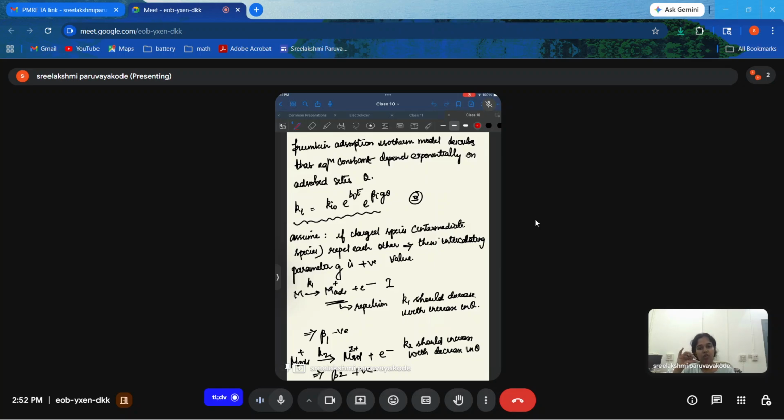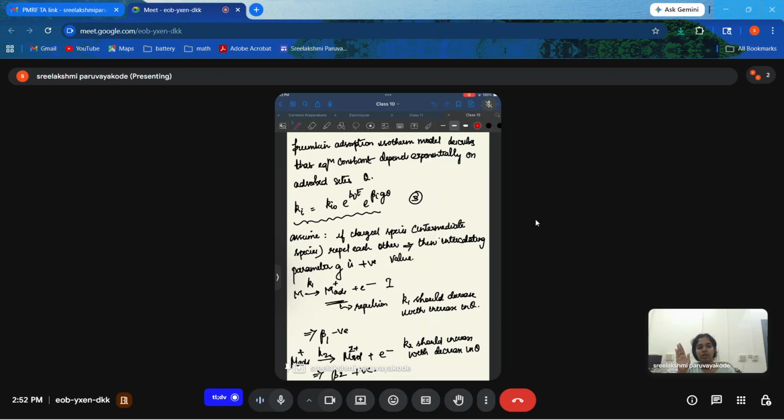To account for that interaction between the adsorbed species, we include it in the rate constant in terms of a term exponential raised to beta g theta. When one adsorbed intermediate gets adsorbed closer to another adsorbed intermediate, there can be repulsion. In that case, we assign beta to be a negative value.